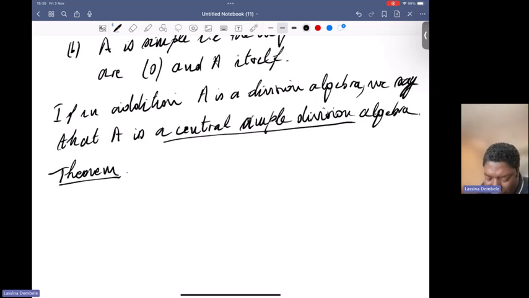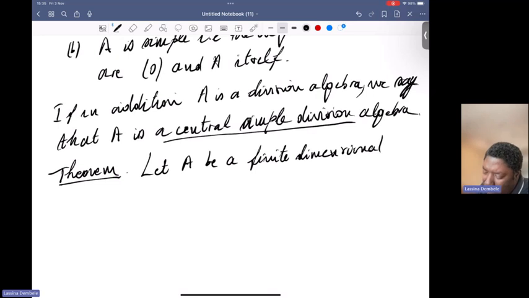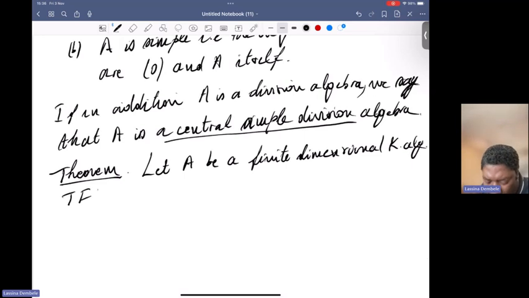So let A be a finite dimensional K algebra, and the theorem says the following: the following are equivalent.